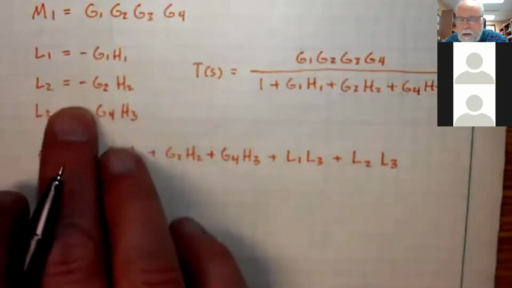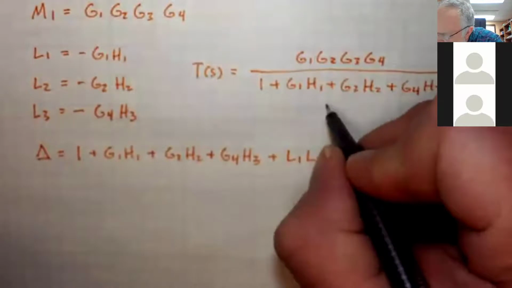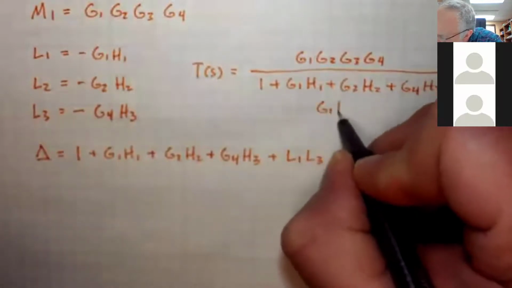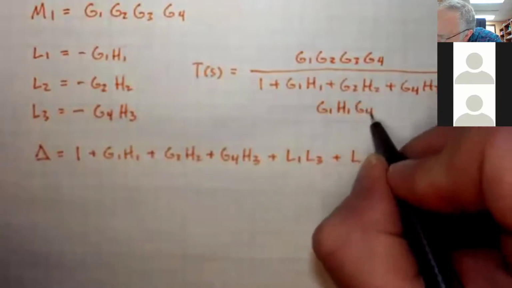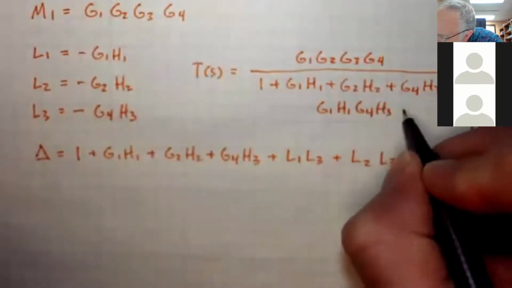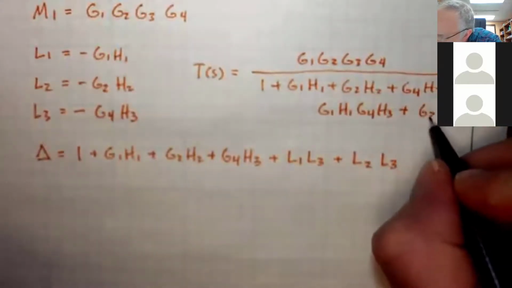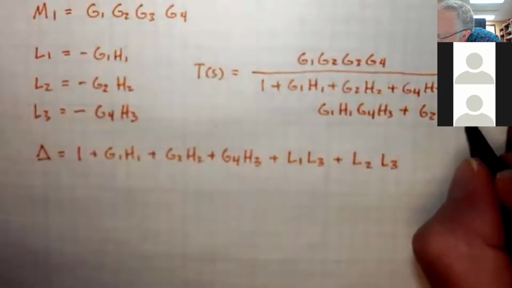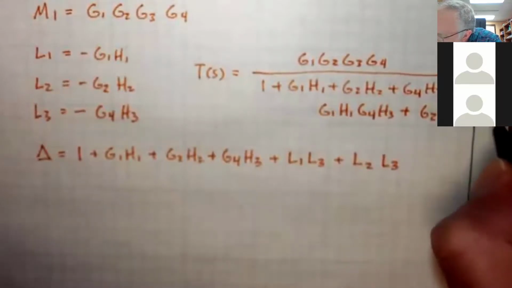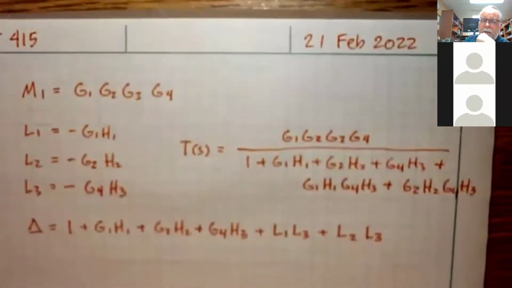Well, they're both negative, so negative times a negative is a positive. So that would be G1 H1 times G4 H3 plus loop 2, G2 H2 times G4 H3. Any questions on how I got that?